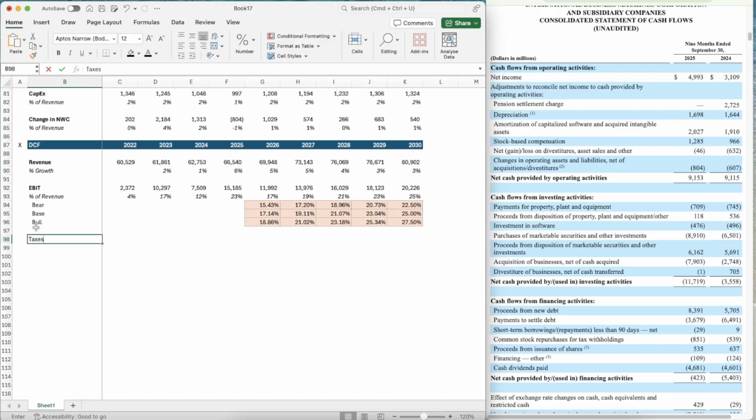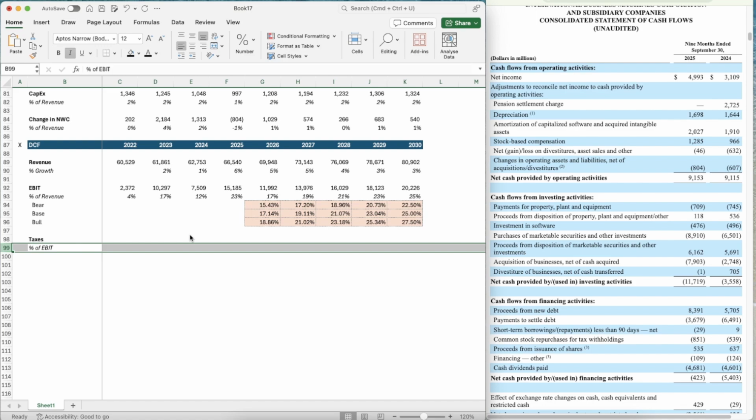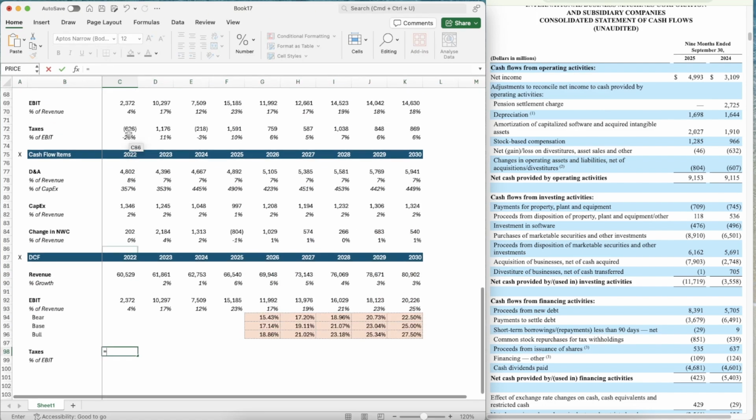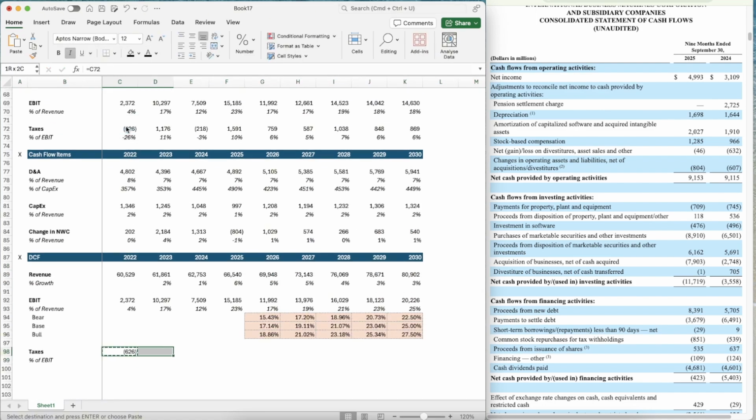Below, again, it's taxes, as a percentage of EBIT. Copy them down to 2025.